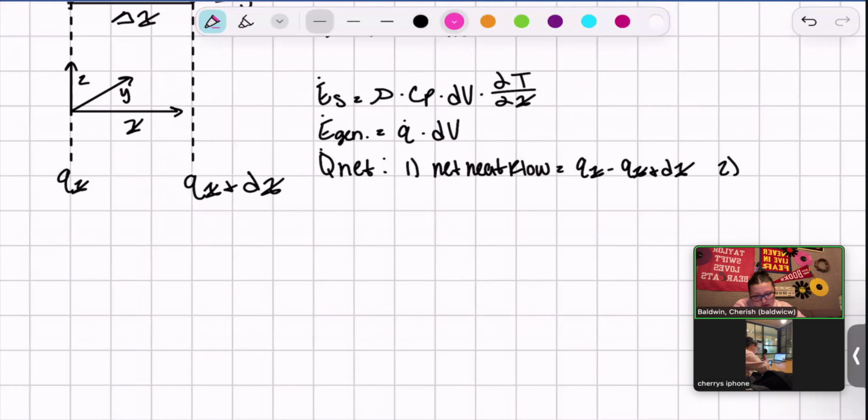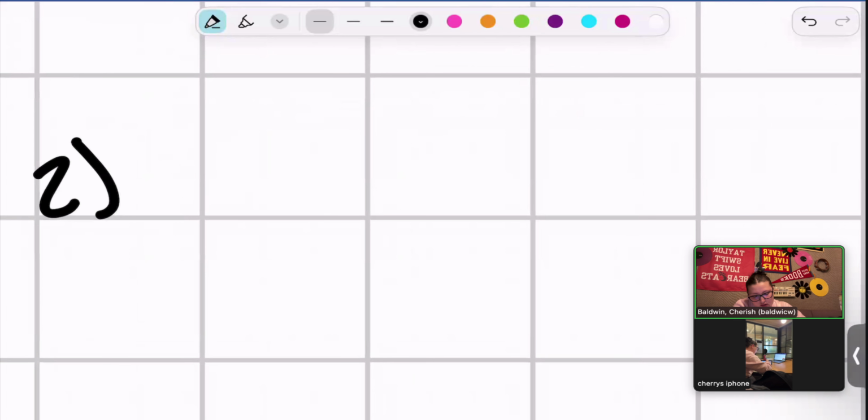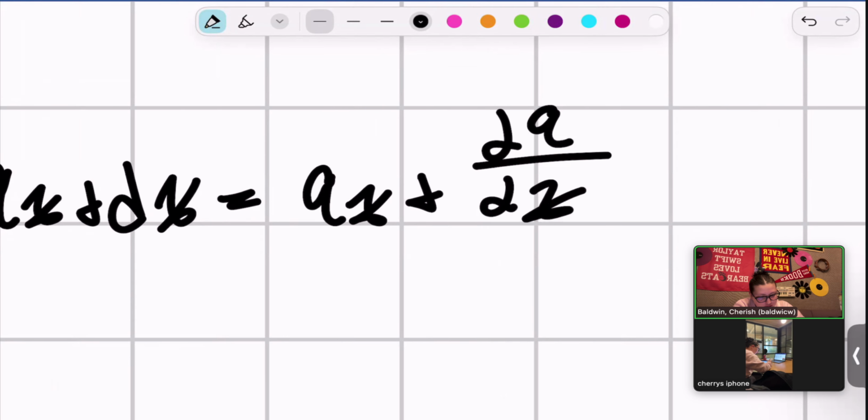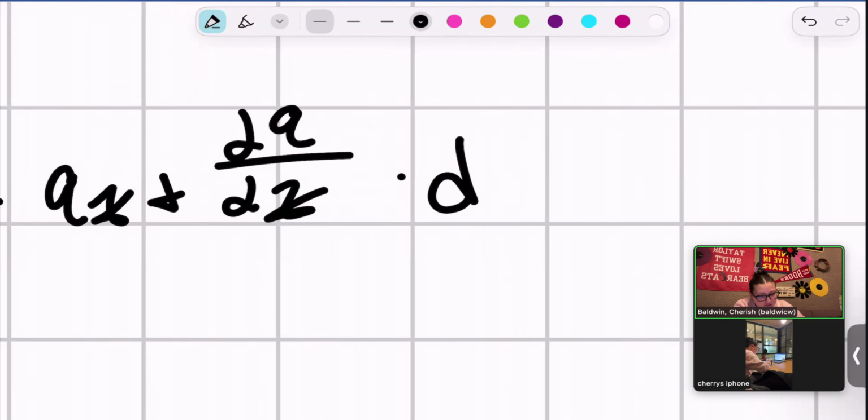So qx plus dx is equal to qx plus the partial derivative of q over x times dx.